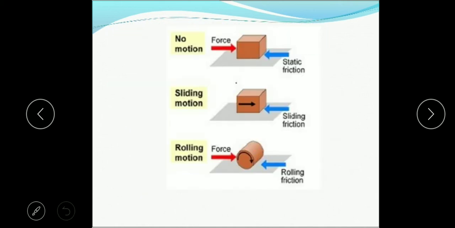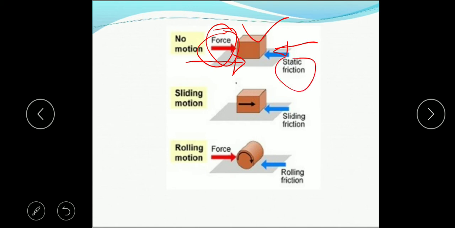Come to the second. This body is in the rest condition, and in that case whatever force is applied by you or the external forces, the same force will be acted by the friction. So this will be the applied force, and this will be the frictional force. When the body is in the rest condition, that force is nothing but the static friction.